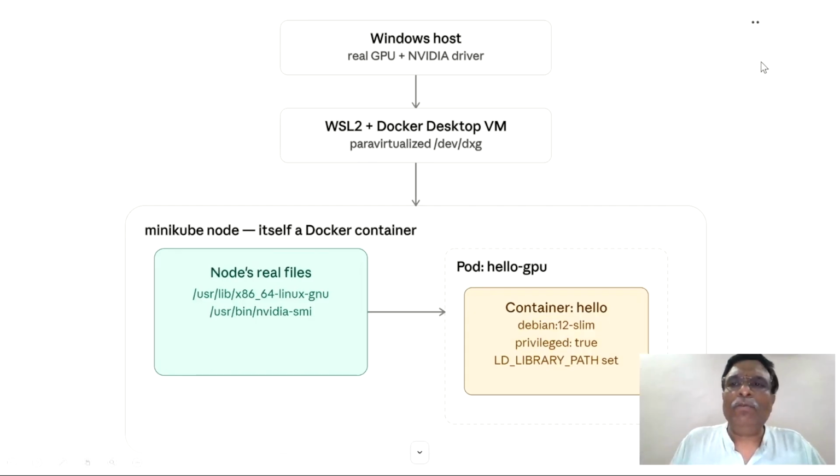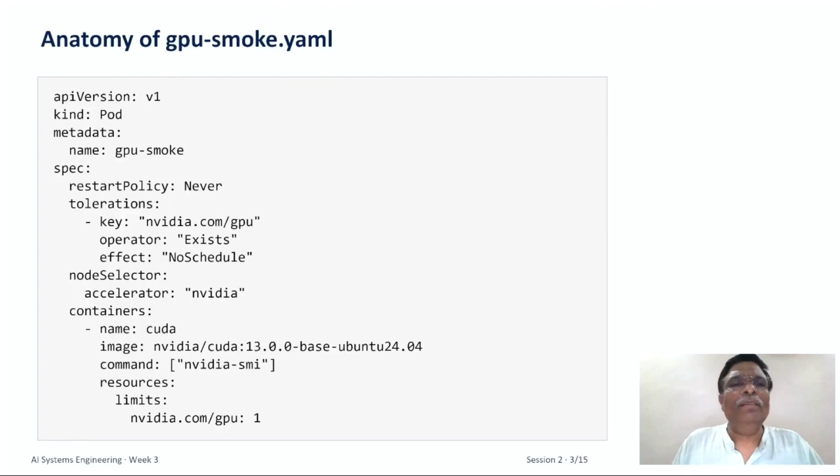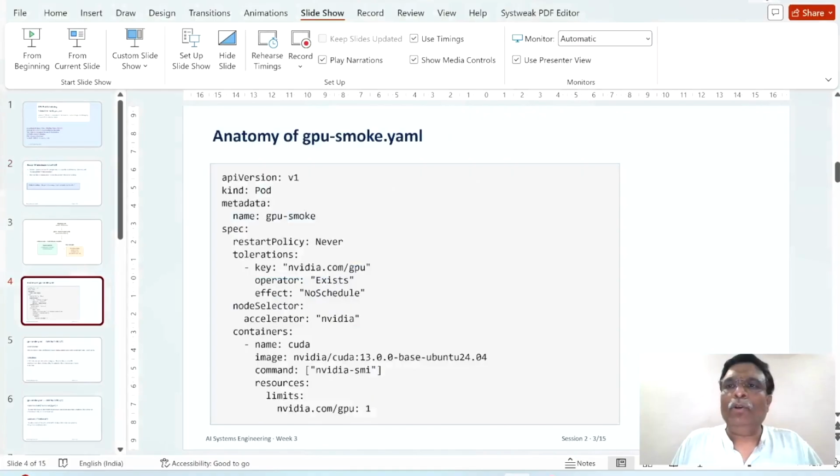Let us go more into the hands-on part today and see how we are going to run a GPU-based pod. This is the YAML file for GPU smoke, a simple program. I'll show you what we are going to do today.